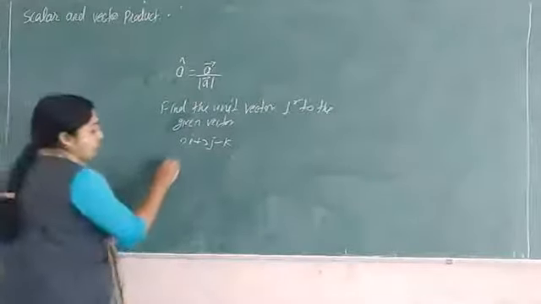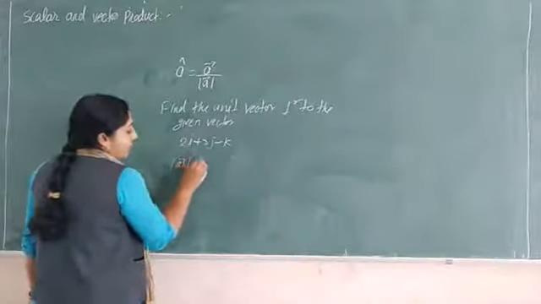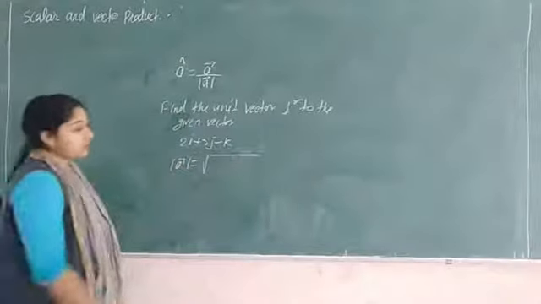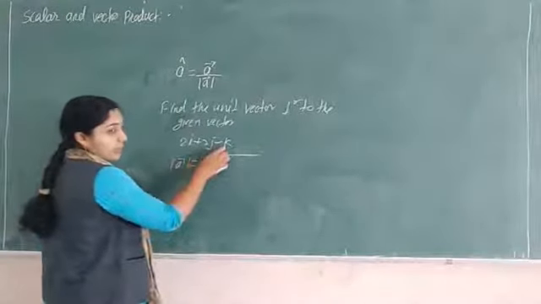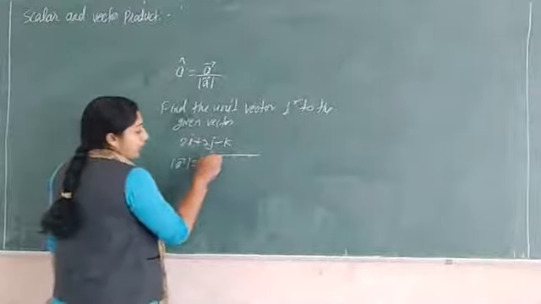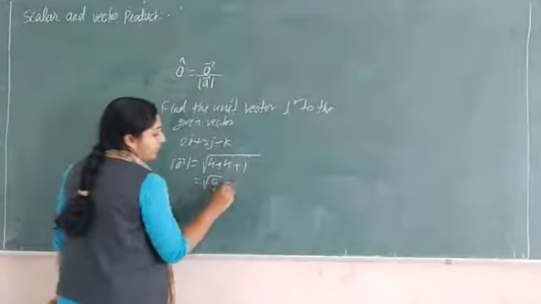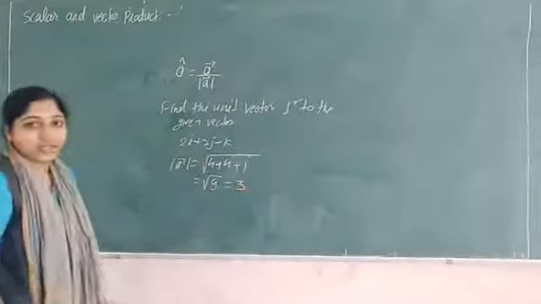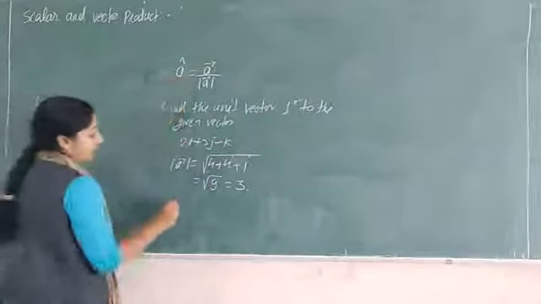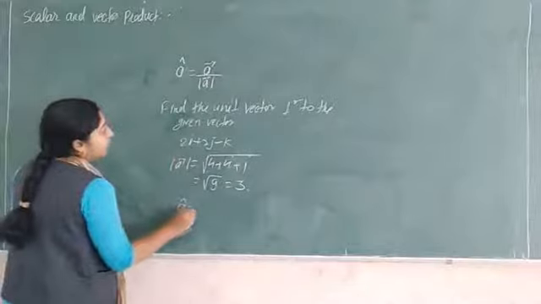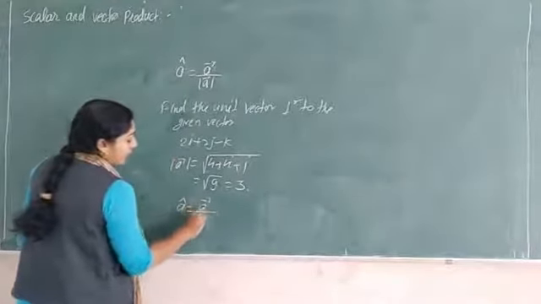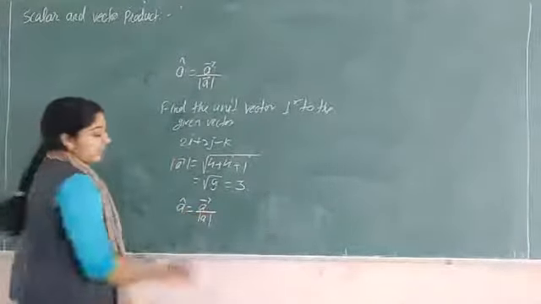So first find the modulus of A. What is the modulus of A? 2 square plus 2 square plus minus 1 square. 2 square is 4, again 2 square is 4, and minus 1 square is plus 1. So root 9, and root 9 is a perfect square, so the value is 3. Then how to find the unit vector? The unit vector is given by vector A divided by the modulus of vector A. But what is vector A?